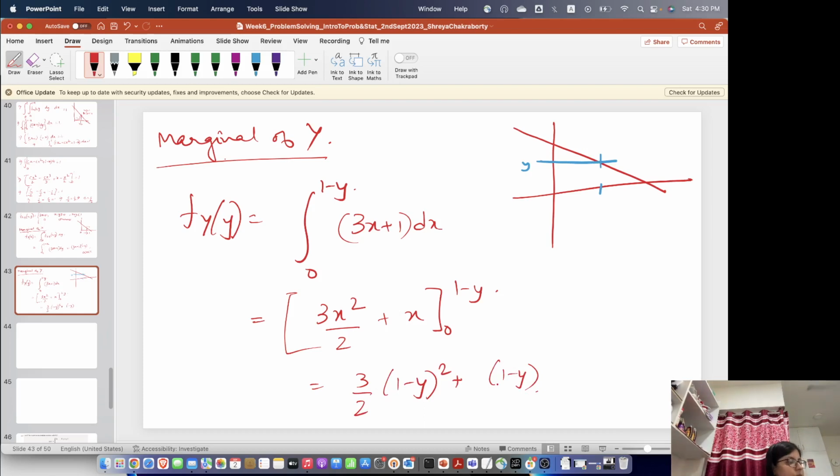Okay, so if we want, we can solve this. Okay, we'll see. 3 by 2, (1 plus y square minus 2y) plus 1 minus y.